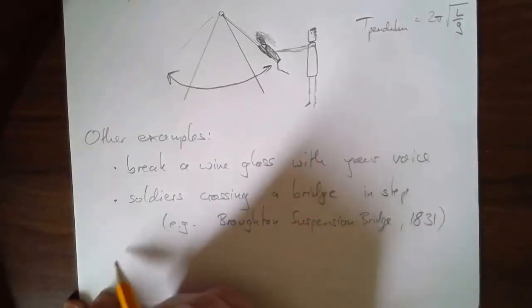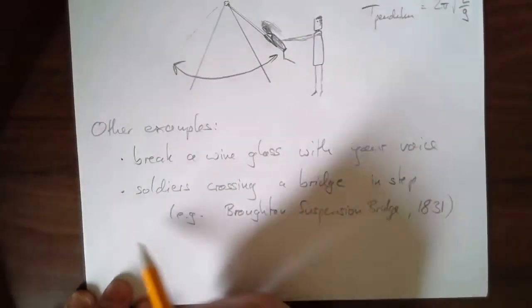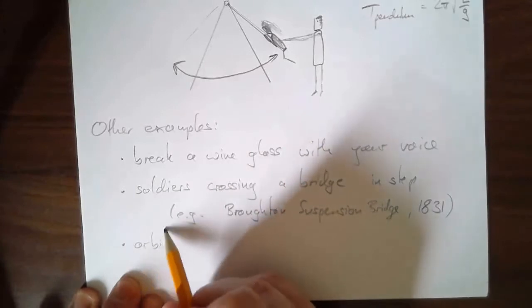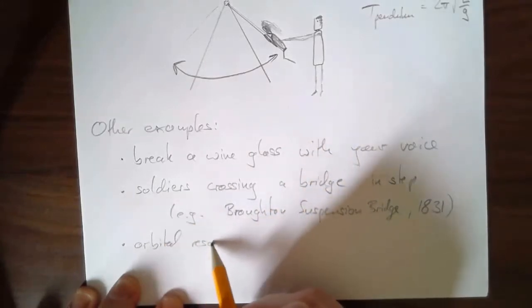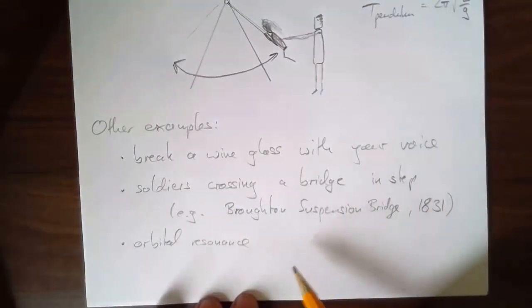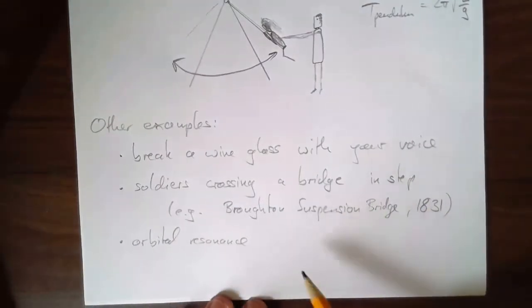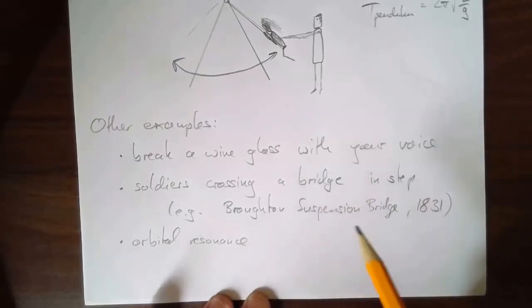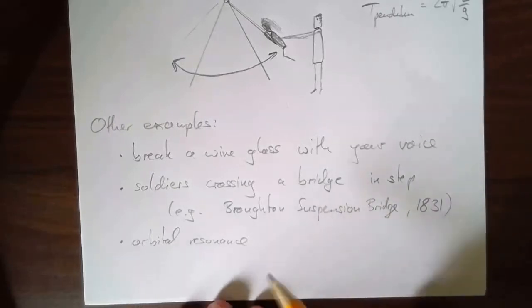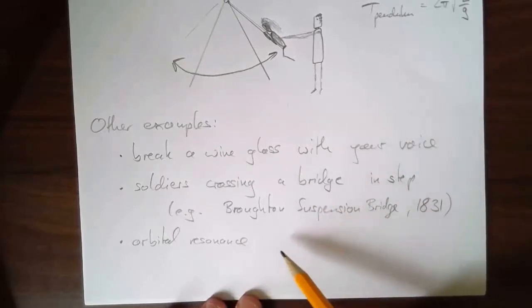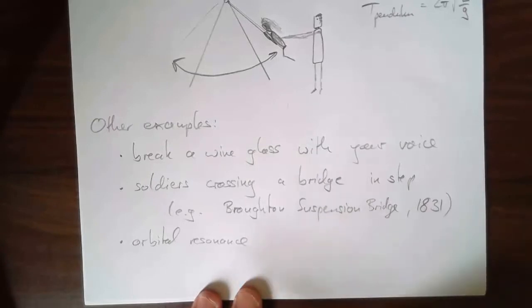There are other examples from completely different areas of physics. There is, for example, what's called orbital resonance. That is when you have, say, several moons going around a planet, and the moons are disturbing each other's orbits a little bit. If they pass each other at the right intervals, because the orbits line up in the right way, then you get orbital resonance.